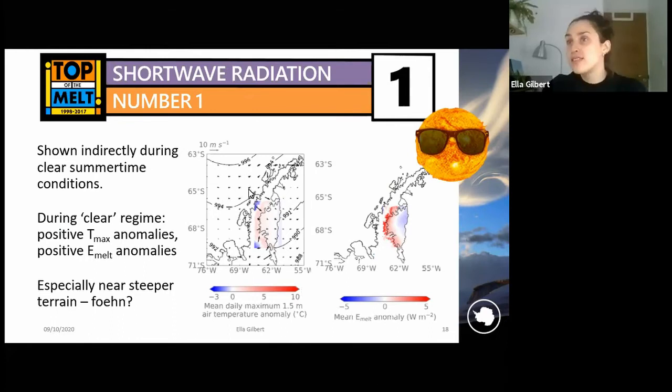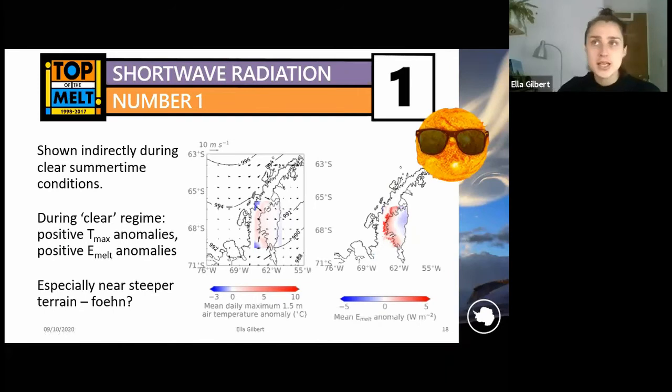Added to that, we've got vectors, which indicate the 10 meter wind speed and direction. And here's a nice scale for reference. And then we've got some contours which show you the mean sea level pressure. On the right, melt flux anomalies, and in both cases, the redder colours mean positive and the blue colours mean negative.